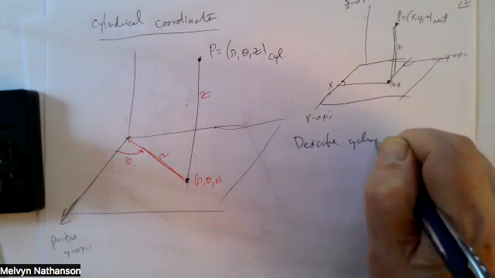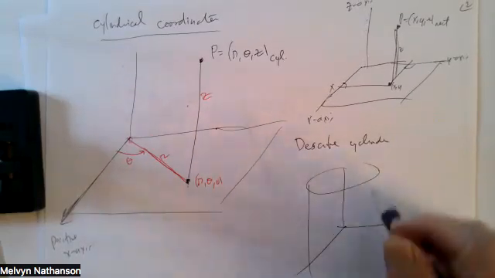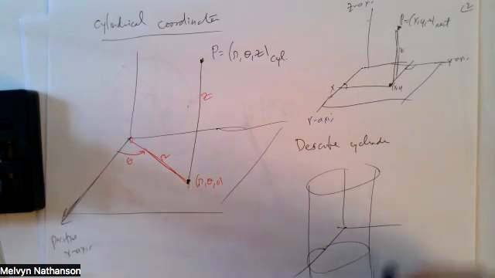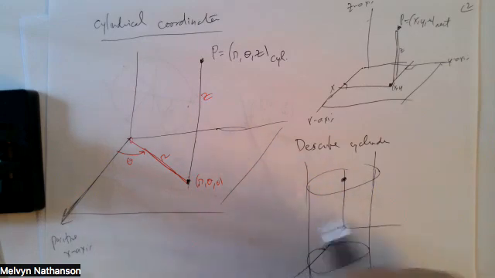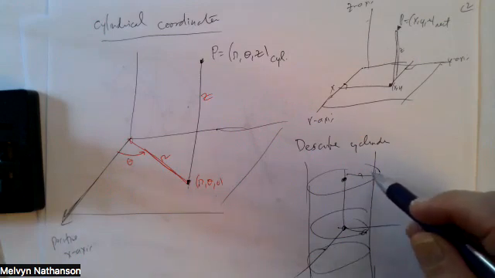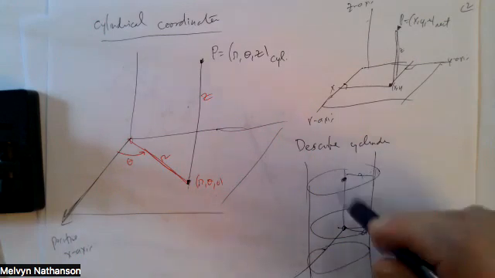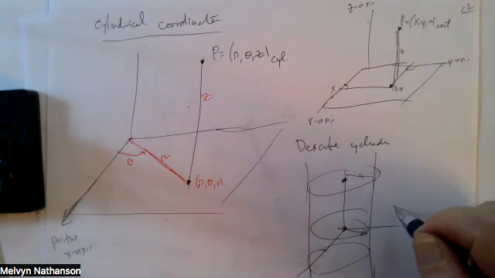So let's describe a cylinder. Let's take the simplest cylinder, which is infinite in both directions, with the z-axis as its center, and every cross-section is a circle of radius a. So if you take any point on this cylinder and you drop it into the xy plane, it'll have polar coordinates.